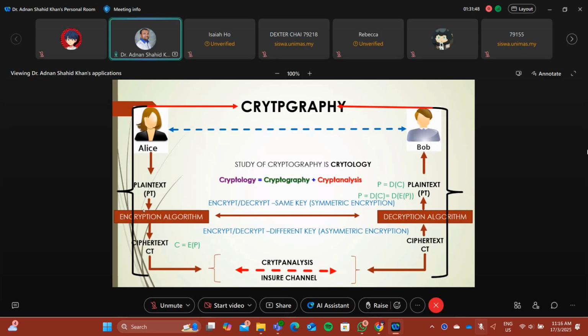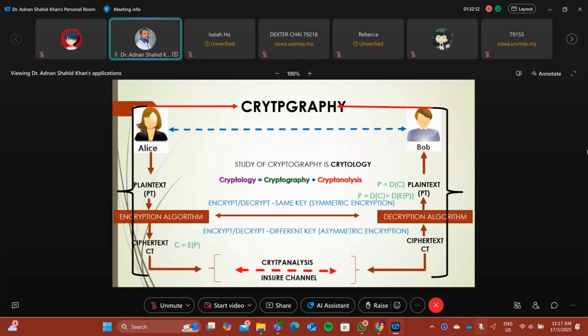So there must be some algorithm to encrypt the data, or some algorithm to decrypt the data. To encrypt and decrypt, there must be some key. Either it's a physical key, or some password, or some mechanism.